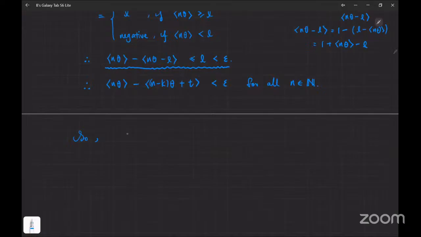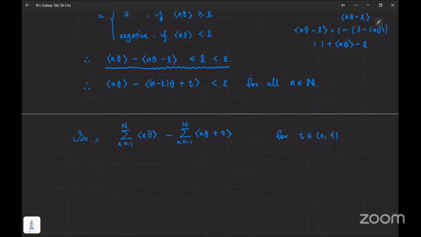The sum of n going from 1 to big N of n theta minus the sum of n from 1 to big N of n theta plus t, for t a number between 0 and 1.